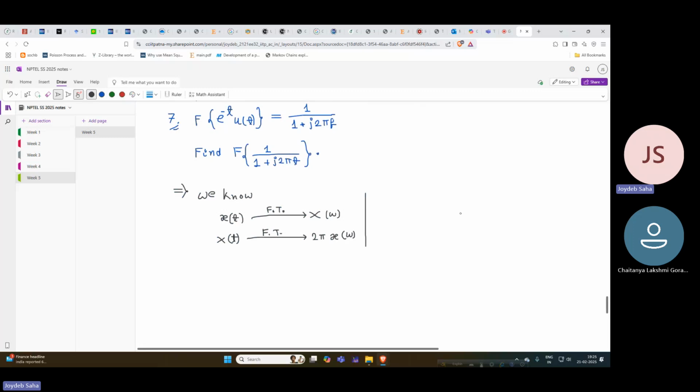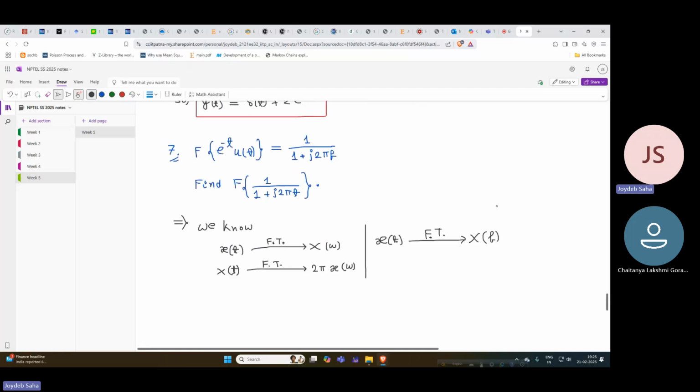Now another thing: if x(t)'s Fourier transform is X(f), sorry, here there will be a minus sign.